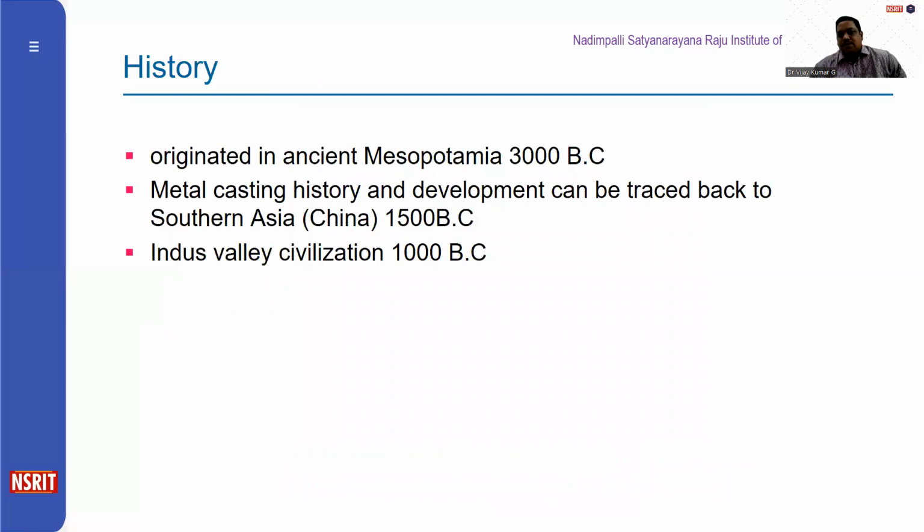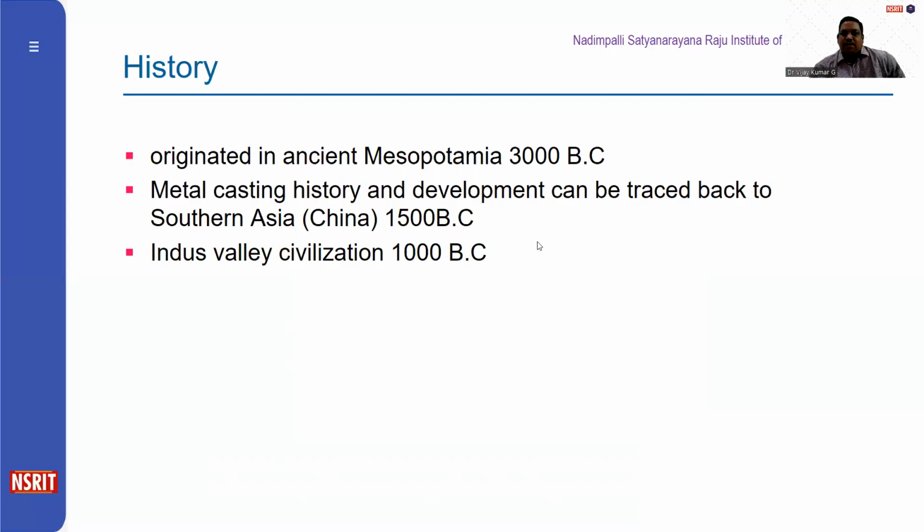If you look into the details of when and where this process originated, we can say that it was there way ahead of all the other processes, way back in 3000 BC in Mesopotamia. We can see traces of the casting process being used by the ancient Mesopotamians.